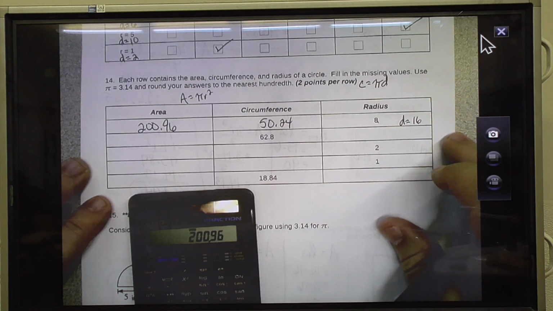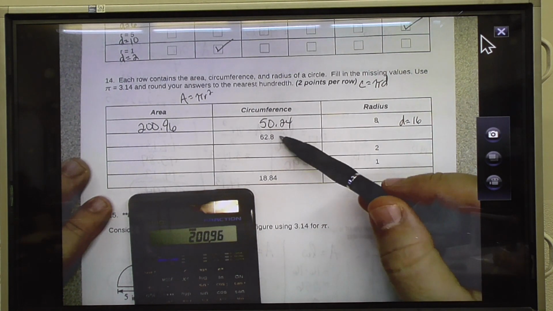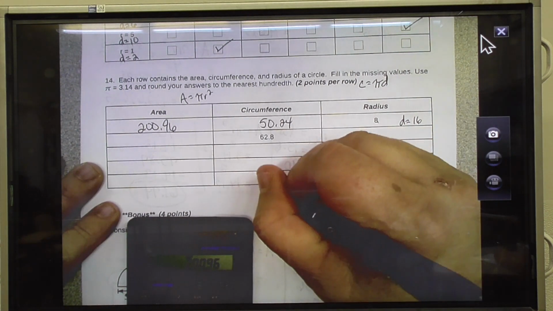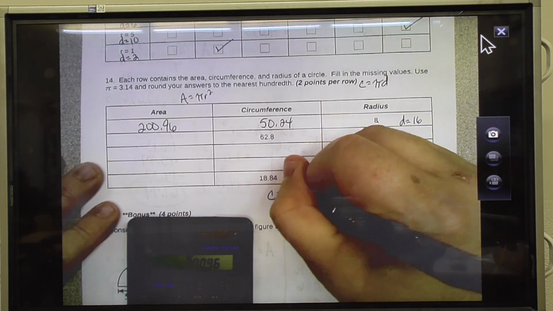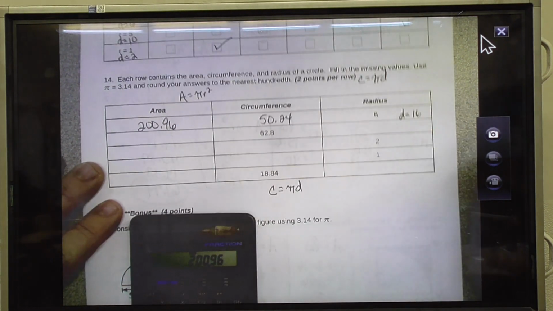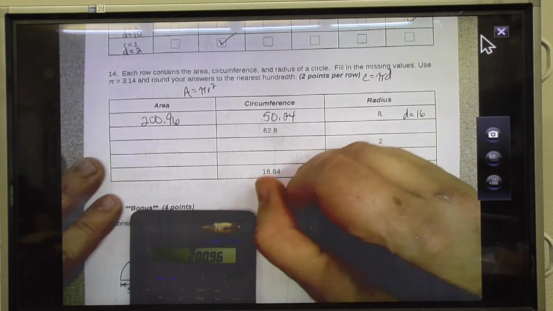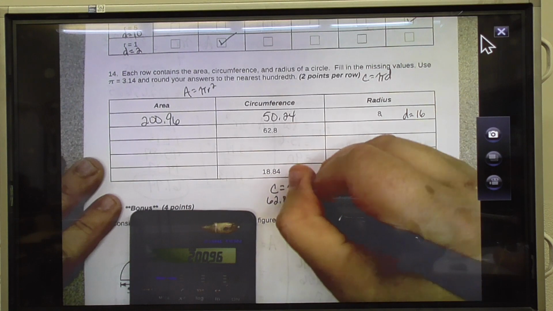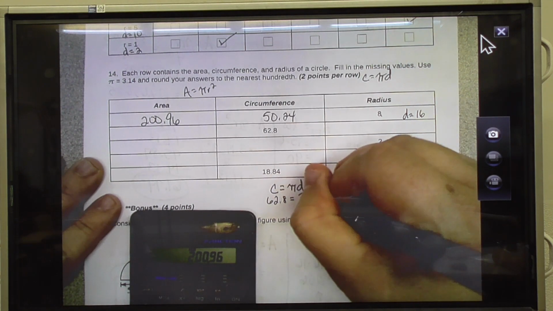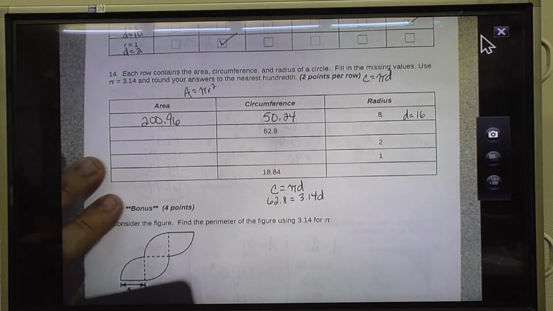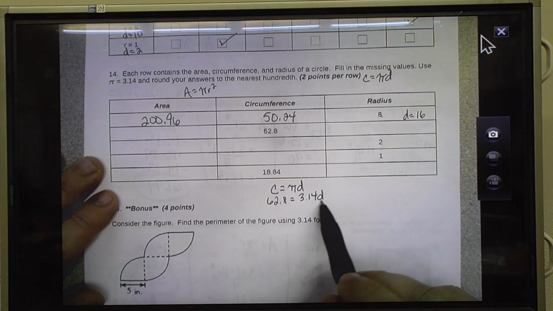Okay? Now, the only other one I'm going to do with you is this one right here, because they give me the circumference. So, if they give me circumference, I know circumference is equal to pi times the diameter, and they give me the circumference as 62.8. I know pi is equal to 3.14. What I don't know is the diameter, right? How do I get the diameter by itself?